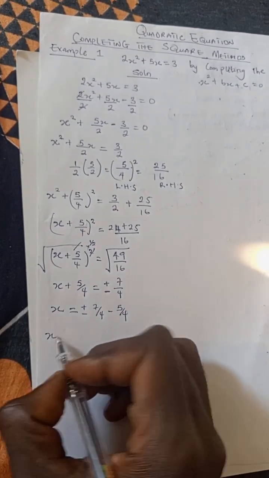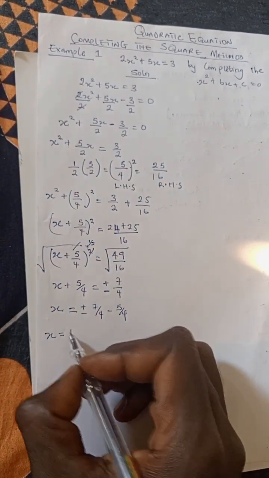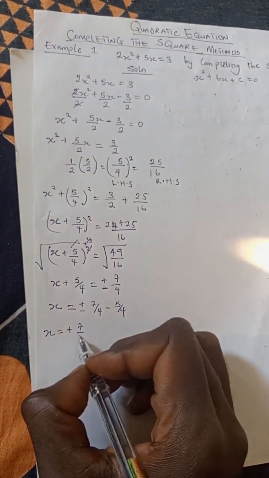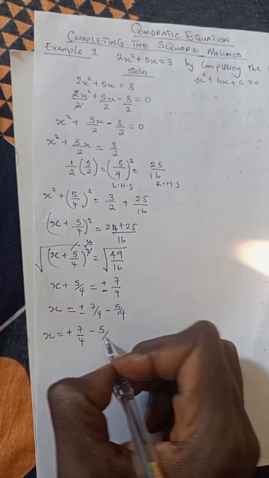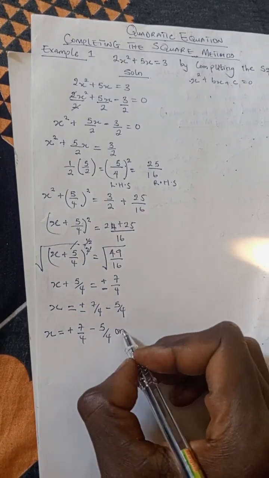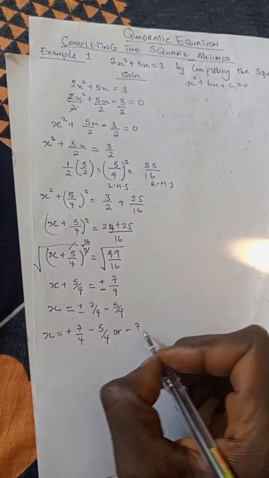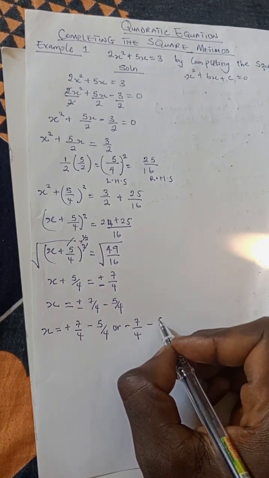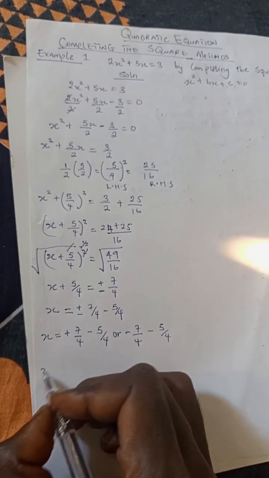So your value of x is equal to, because it's going to be a positive or a negative, plus 7 over 4 minus 5 over 4, or minus 7 over 4 minus 5 over 4. Now let's solve it.